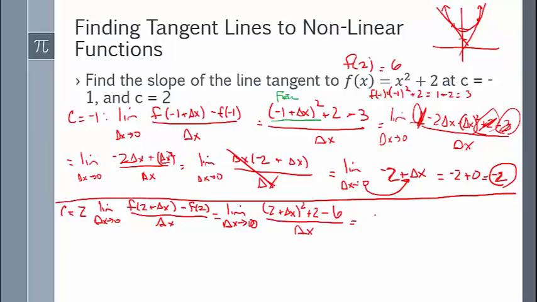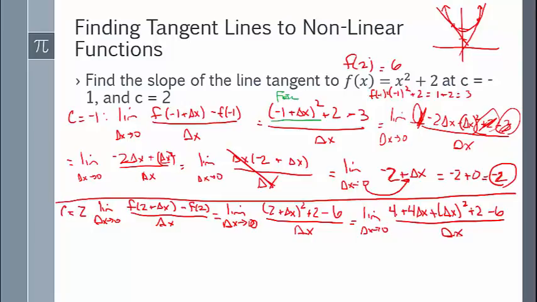We got to put on our foil hats again. I get 4 plus 4 delta x plus delta x squared plus 2 minus 6 all over delta x.